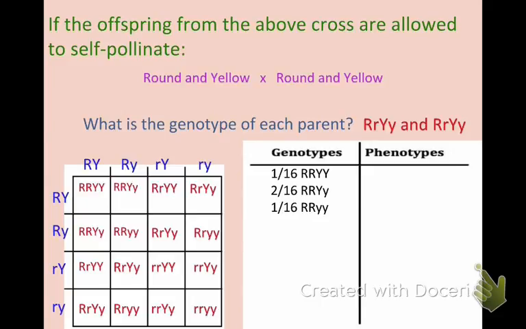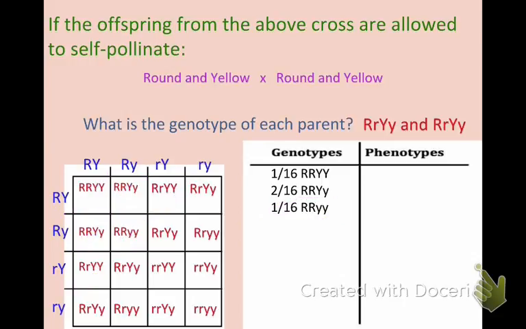Then you get 1, so if you're following the pattern, you get 1 that is big R, little y, so there's that one. Then you can see what's going to come next. Big R, little r, y, these two, okay?